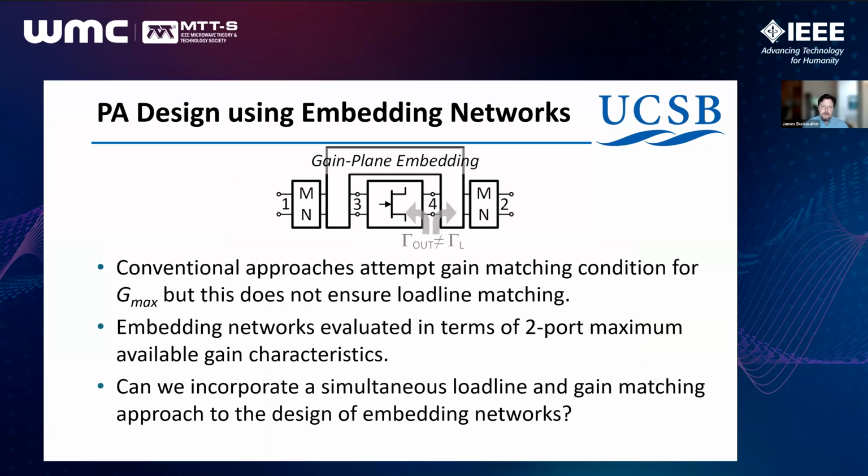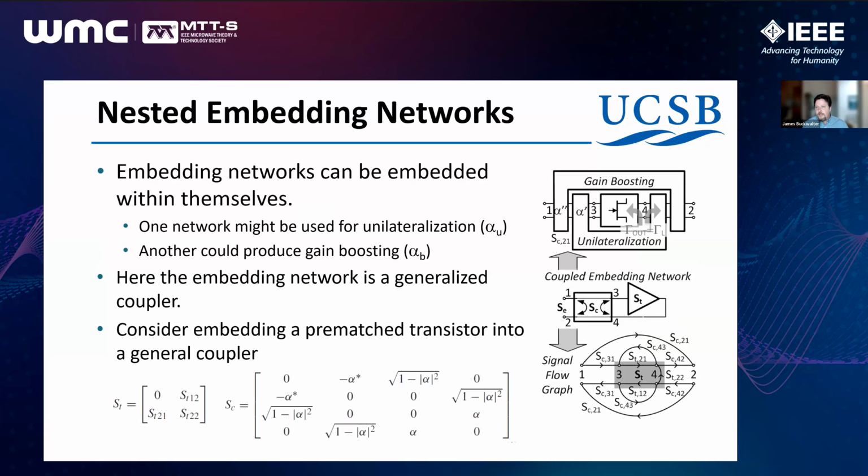We can get 3 dB, but we want to also find a way that we can simultaneously get load line matching to the transistor. So we want to evaluate an embedding network more generally to get a simultaneous load line and gain match.